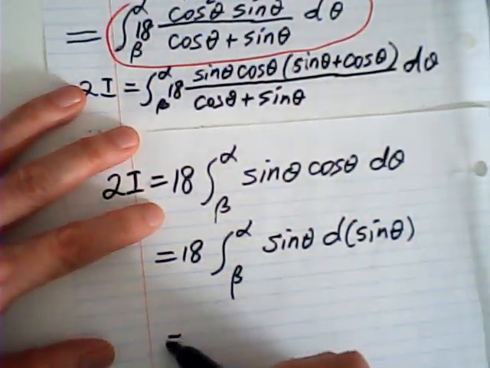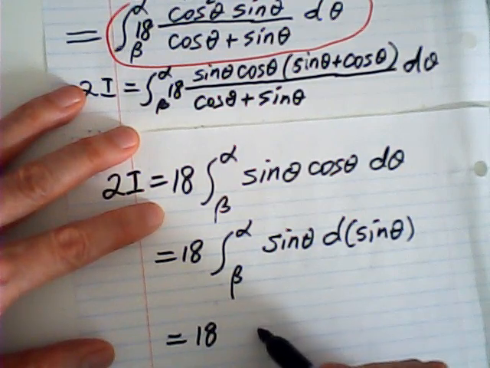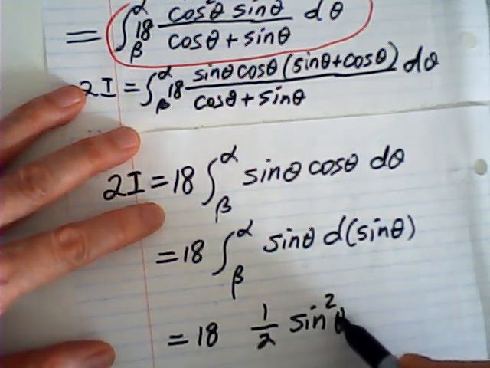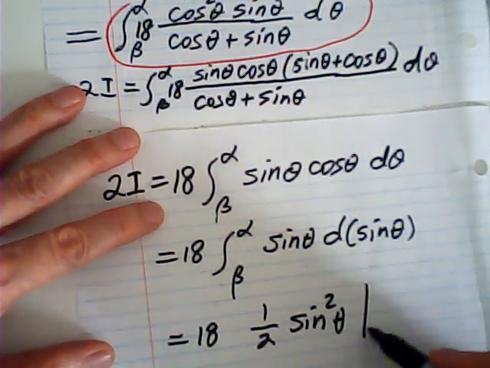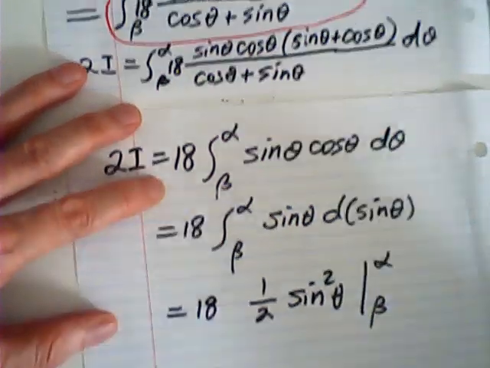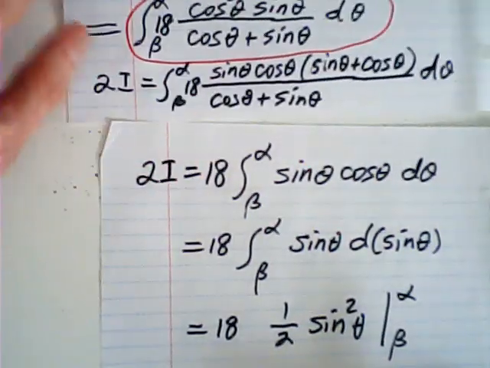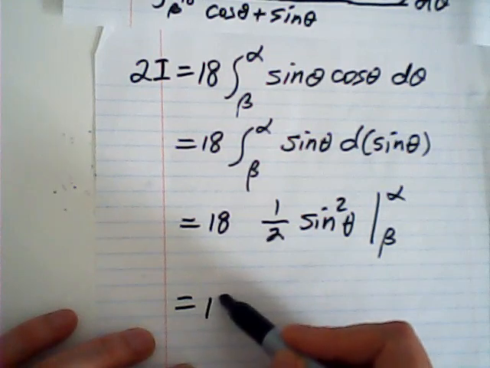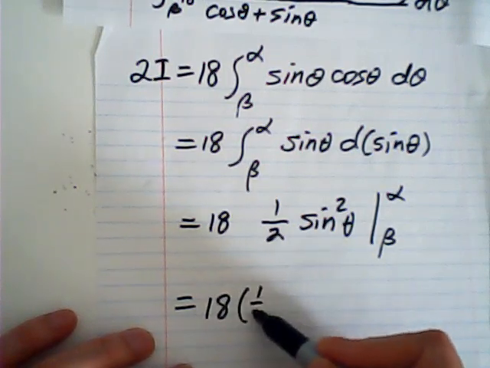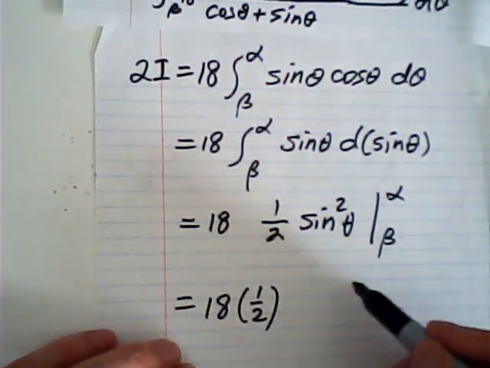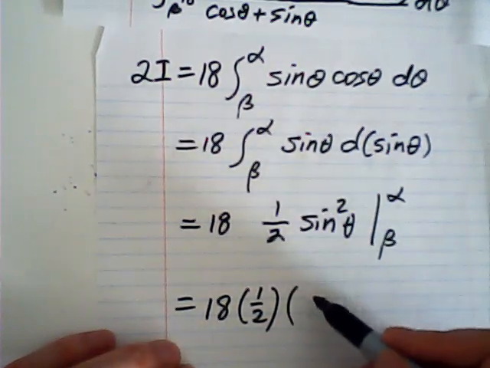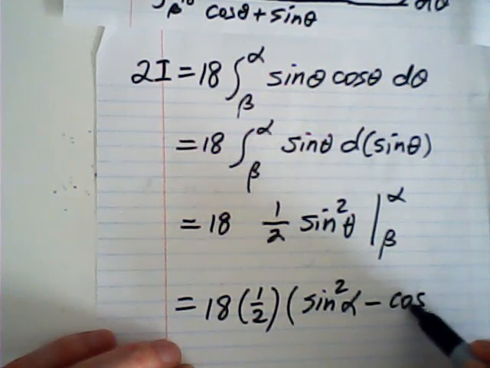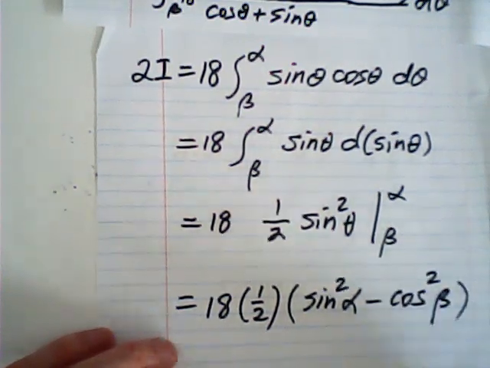So this integral is much easier. 18 and half sine squared theta, right? And from beta to alpha. Okay, so this one is equal to 18 times half, sine squared alpha minus sine squared beta, right?